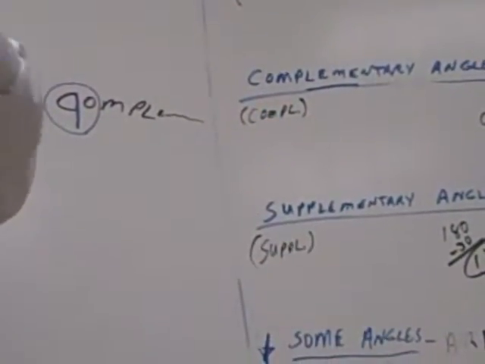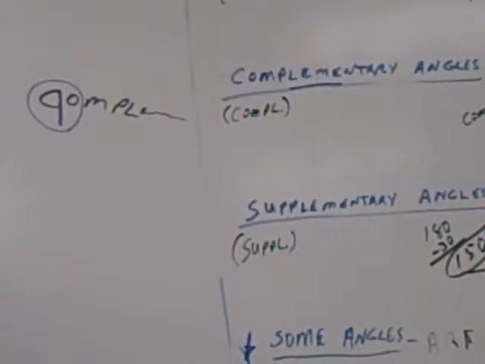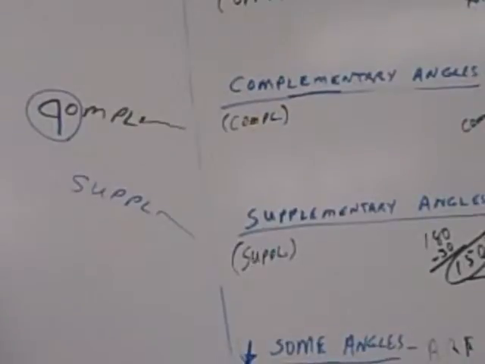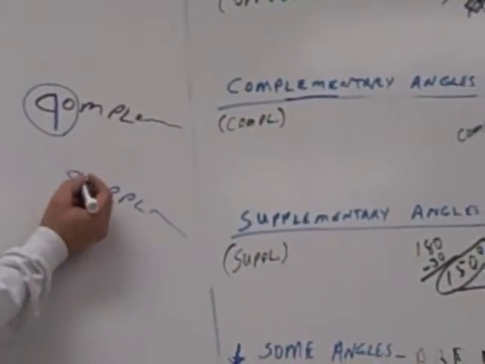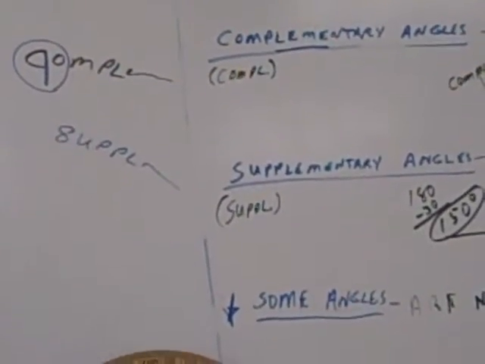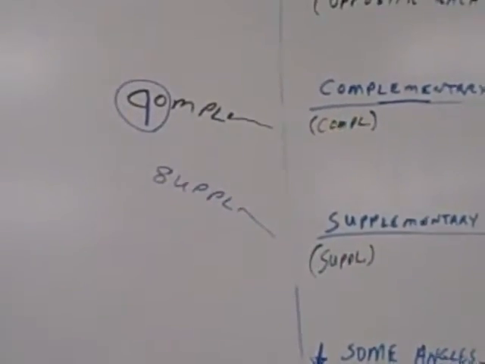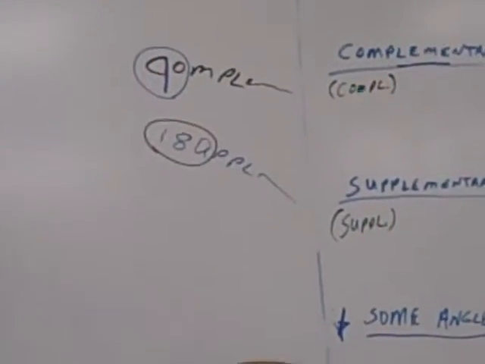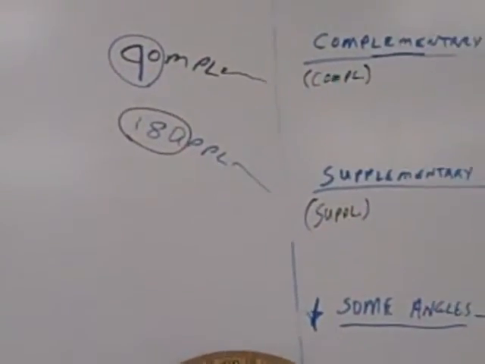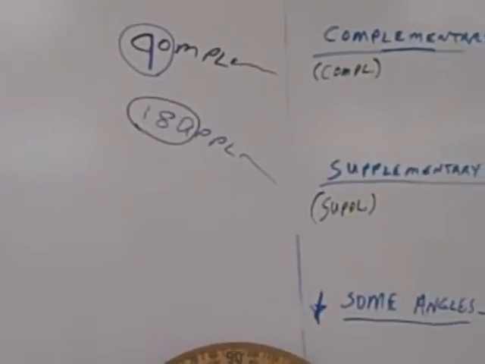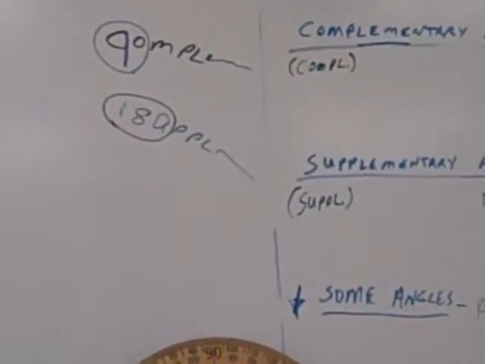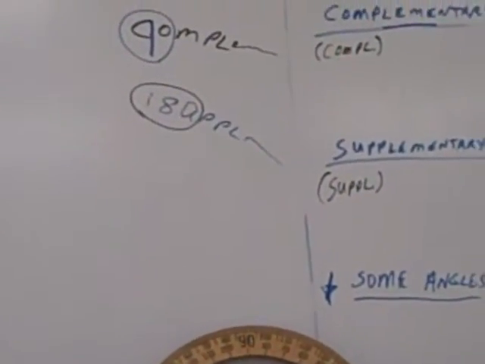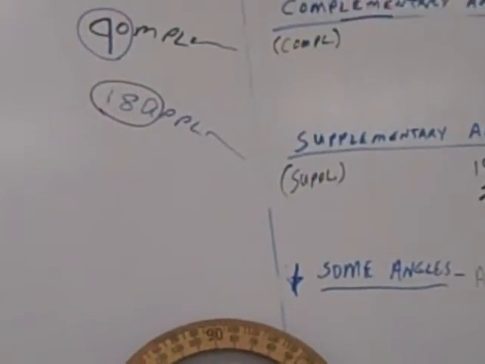That means supplementary has to be the other one, right? Some people do that with supplementary. Close in the S, it turns into an 8. Just put a 1 in front of it, the U becomes a 0, and 180. You can use that if you like.